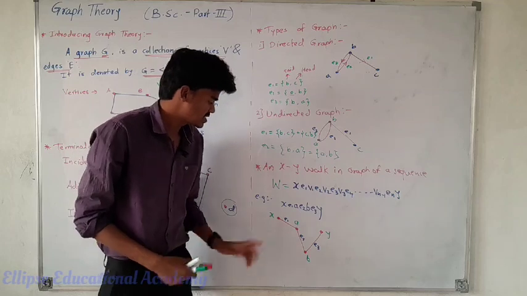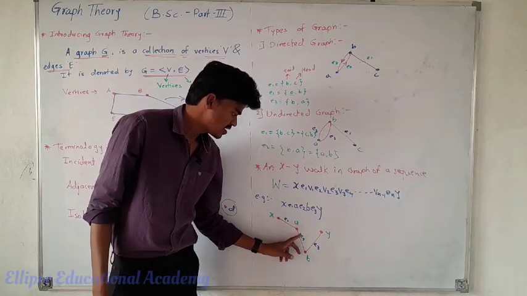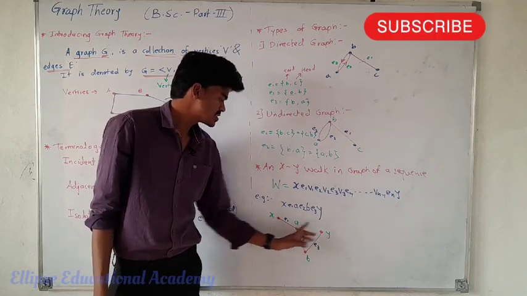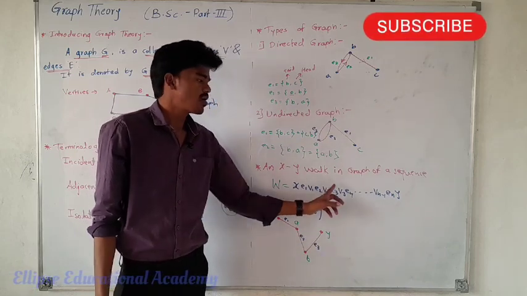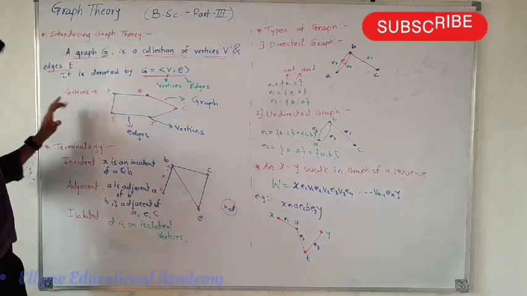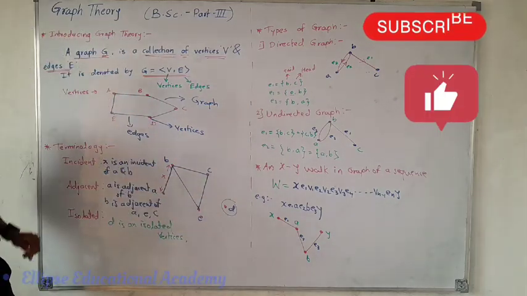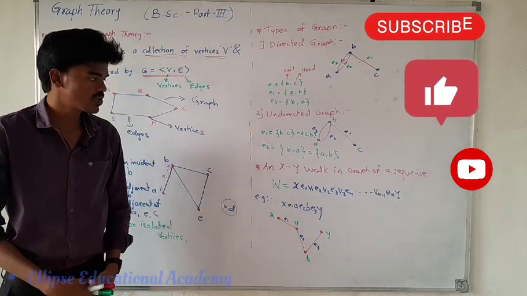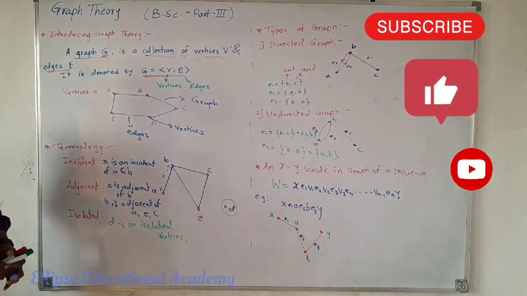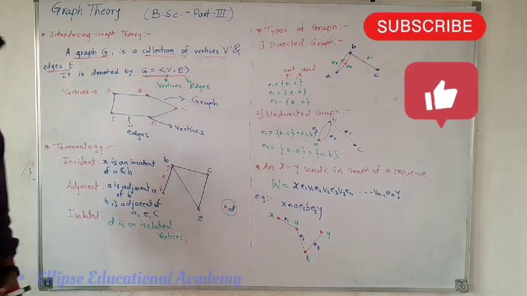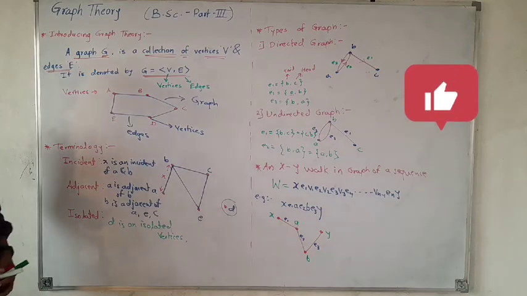The sequence is X, e1, A, e2, B, e3, Y. This entire walk is called an XY walk in a graph. I hope you are clear on all these concepts from the introduction of graph theory, terminologies, types of graphs, and also the XY walk in a graph. The remaining part we will discuss in the next videos, and thank you for watching.